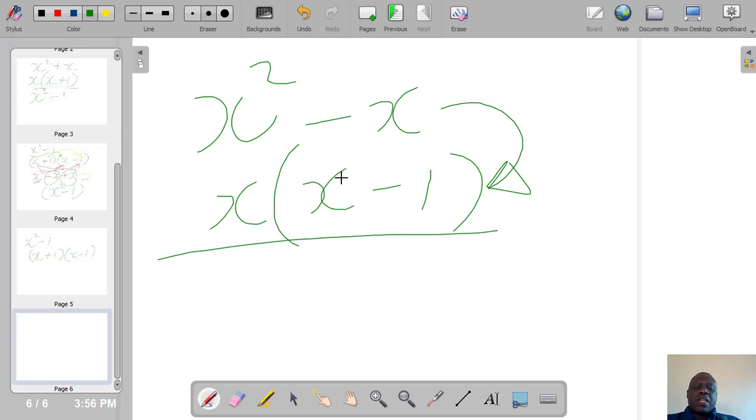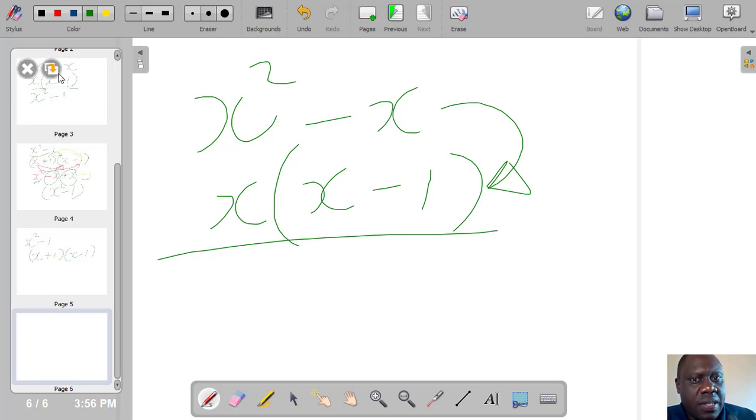So to be able to find the LCM, we are going to try and figure out what is common in all the three expressions that we have factorized. This factorization here is the factorization of x squared minus x.